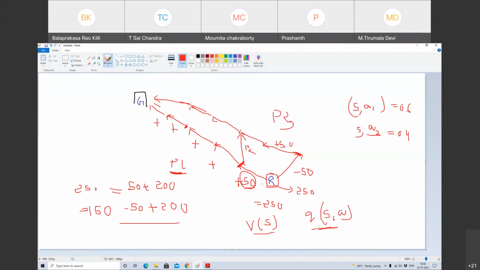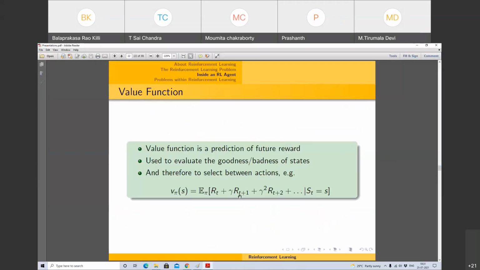Because the total reward that you accumulate from the state onwards, the maximum reward that you accumulate, is 250. From the next state, the value is 200. From the next state, 150. From the next state, 100. Like this. From the next state, 50. This is the value. That's why, if you see here, R_t plus R_t+1 plus R_t+2 and so on.